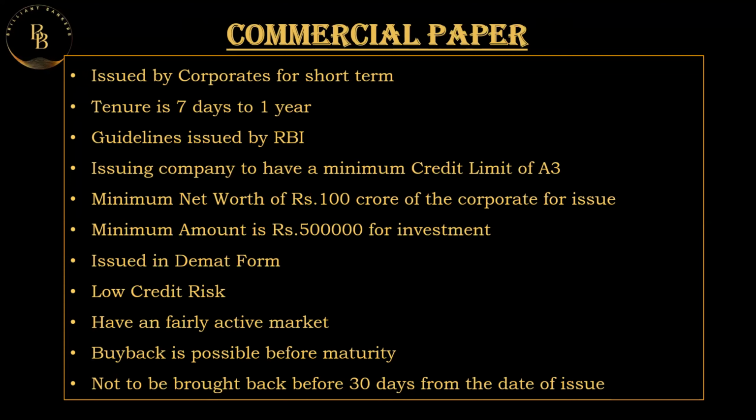The minimum net worth of the corporate for issue of a commercial paper is 100 crore, and the minimum amount of investment in the commercial paper is rupees 5 lakh, and in multiples of the same amount. So the minimum amount that can be invested in a commercial paper is 5 lakh, or in multiples of 5 lakh. It is issued in demat format.